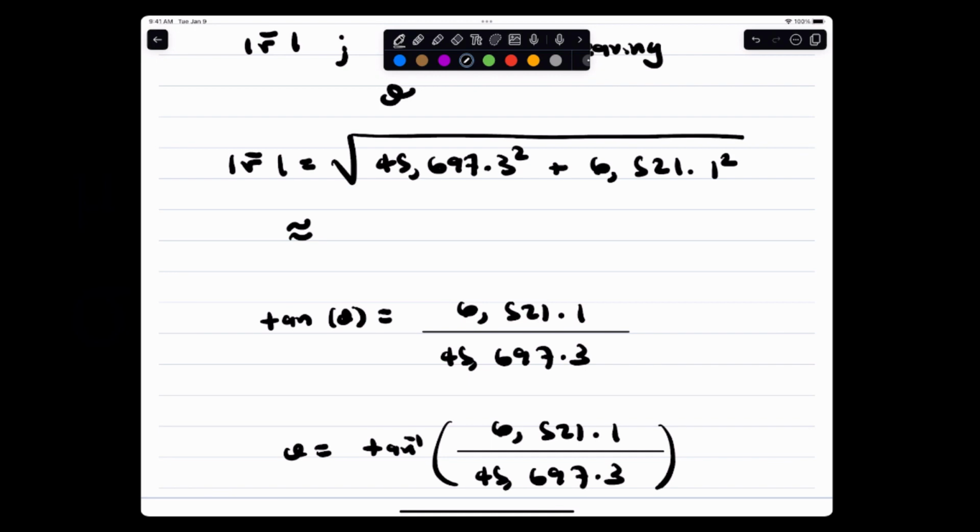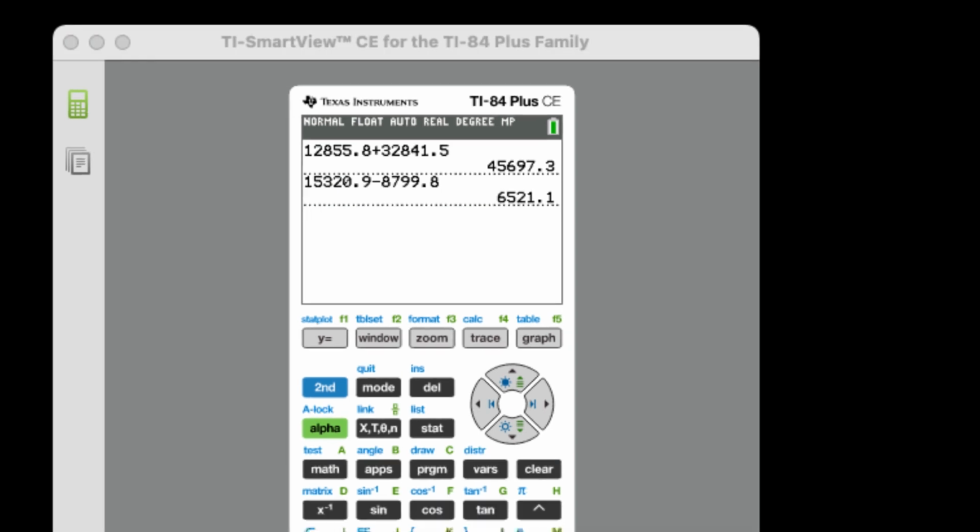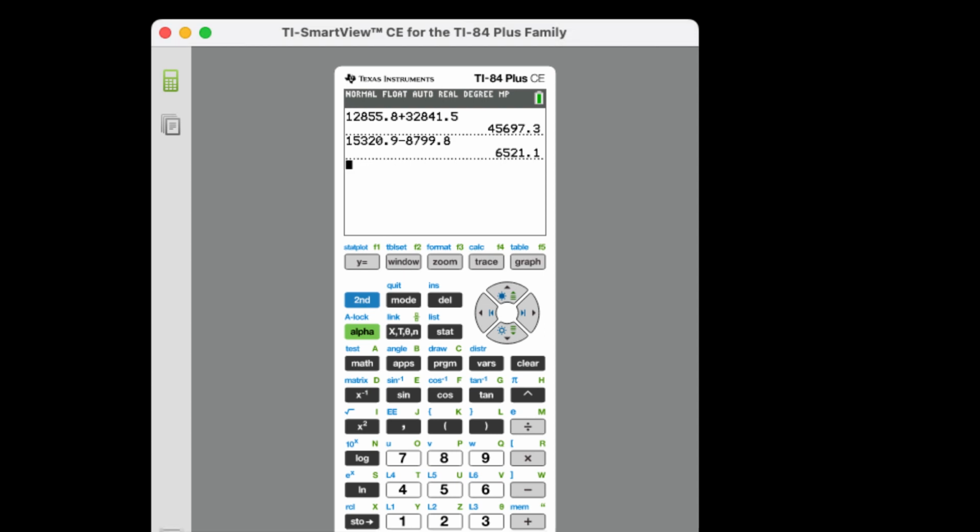All right, let's try this out. Now, I'm going to scroll out a little bit so you can see some, but let's clear this out. Square root, ladies and gentlemen, that first value of 45,697.3, we're going to square that plus 6,521.1, we're going to square that too.